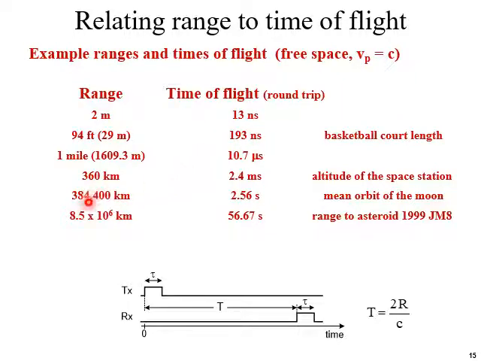If the range is 384,400 kilometer, which is the mean orbit of the moon, then the round trip time will be 2.56 seconds. In this way you can understand the variation of range with time of flight.